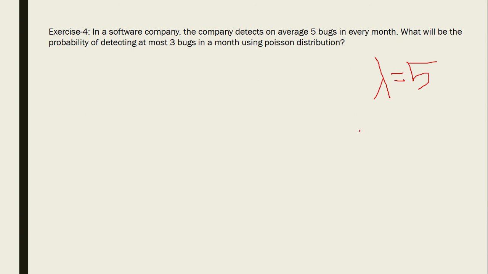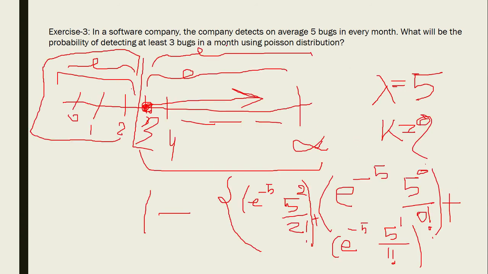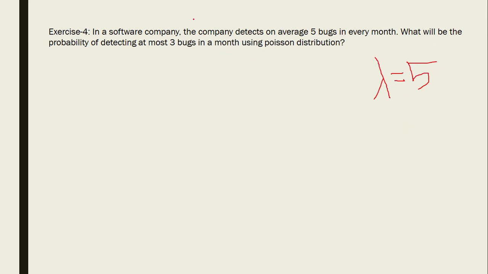So now, previously when it was said that at least 3 bucks, that time we needed to find the prime, because this long range we cannot count. But now the range is very small, it is 0, 1, 2, 3. So the value of k is 0, 1, 2, 3.